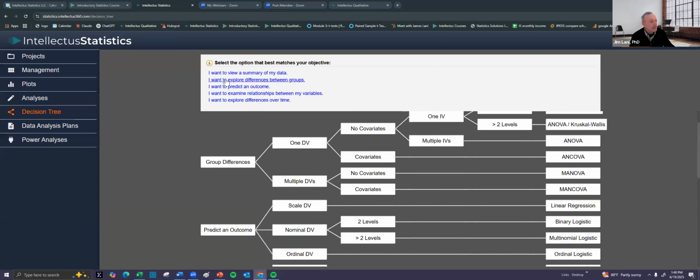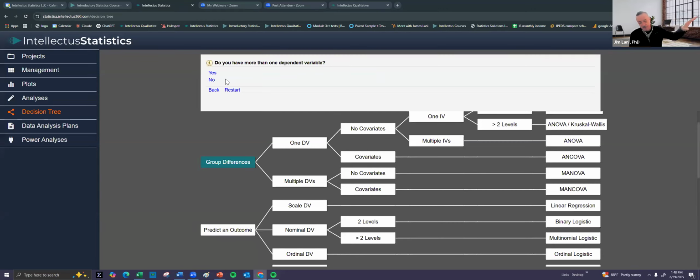So, differences between groups: the differences on program satisfaction from 1 to 100 by SES. I only have one dependent variable, which is program satisfaction. Covariates is a different conversation. We can talk about that at some point. I have just one independent variable. Do I have more than one independent variable? No, I just have one.